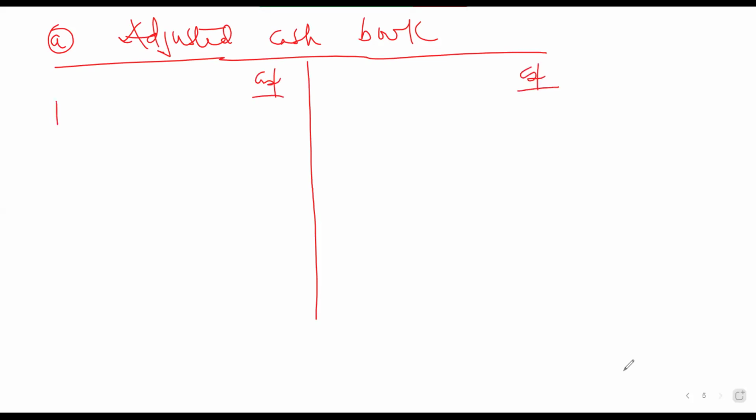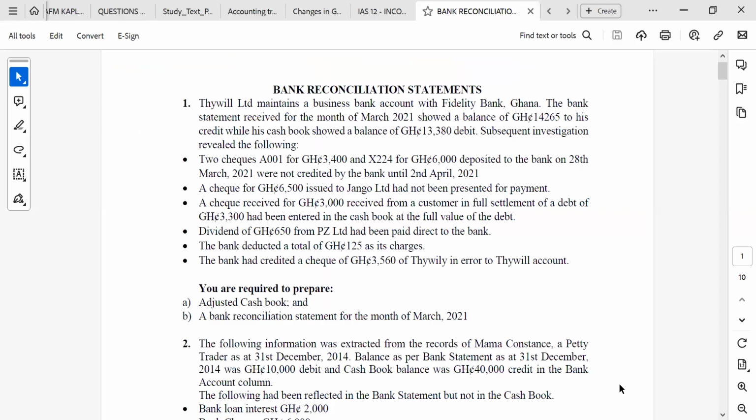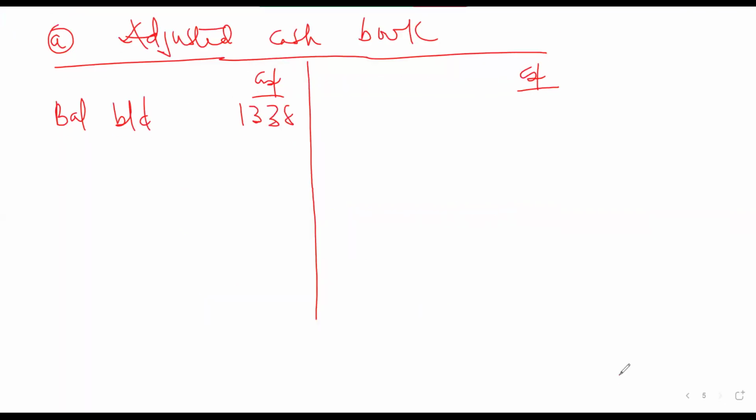You always start with the closing balance given to you, because that's after we have done the necessary entries. But we should have taken certain items before getting that balance. Since those items have not been taken, we now come and charge them against the balance here. So how much is the balance there? 13,380. Okay, so we have 13,380.